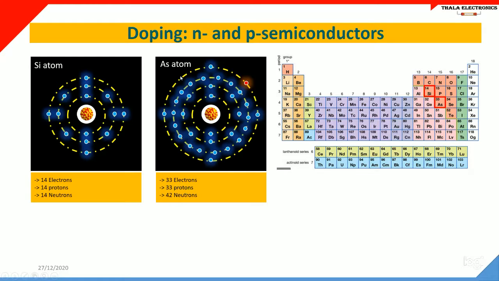That means on the outer orbit we can find 5 electrons. Using both atoms, we can create the N junction. Let's see it in my next slides. Don't forget the number of electrons on the outer orbit for both silicon and arsenic.